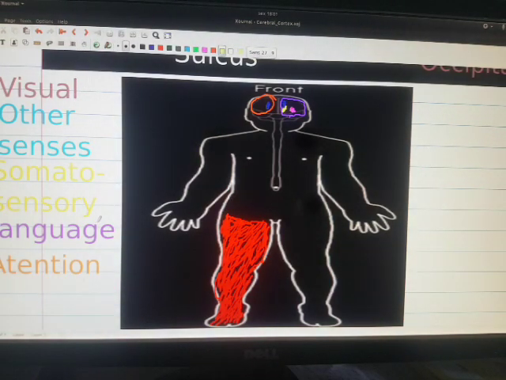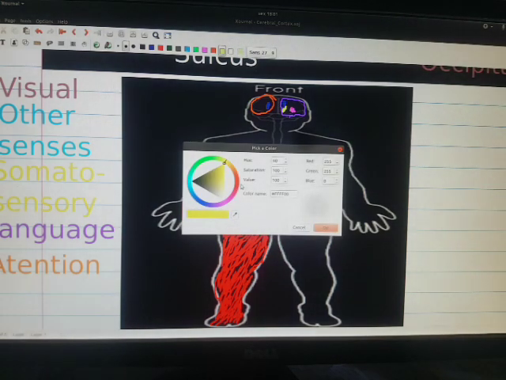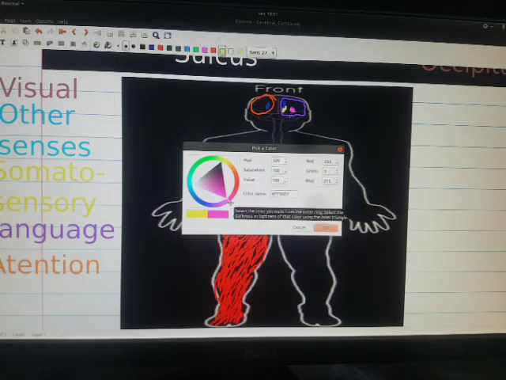The language, that is the capacity of transforming thoughts into words, and vice versa, is normally on the left side. Some people have it on the right side, and some have it on both sides, but normally it's on the left side.